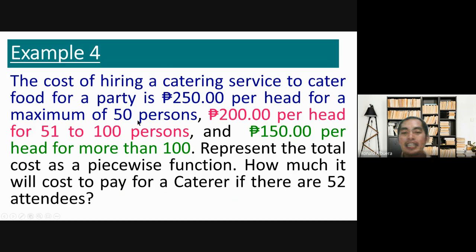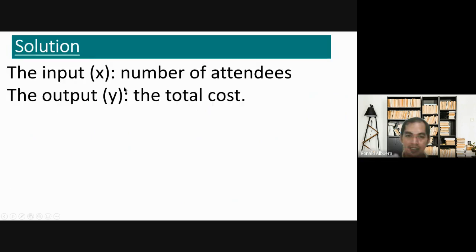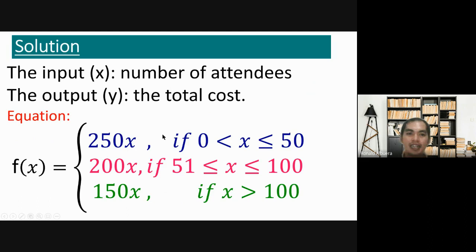First step natin ay to represent the input. Ang input natin ay number of persons represented by X. Ang output natin ay the amount that you are going to pay to the caterer, represented by Y. The total cost na ibibigay sa caterer represented by Y. Our equation here, we have 3 because there are 3 conditions. 250 pesos per person kung 50 or less but greater than 0. 200 pesos per person kung from 51 to 100.